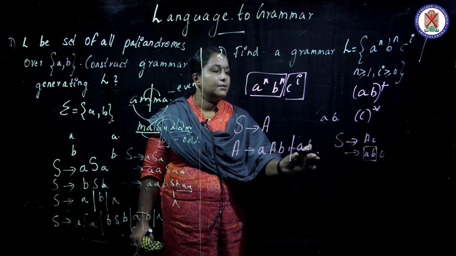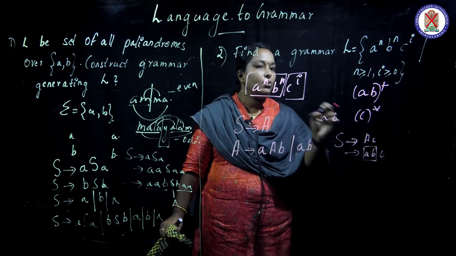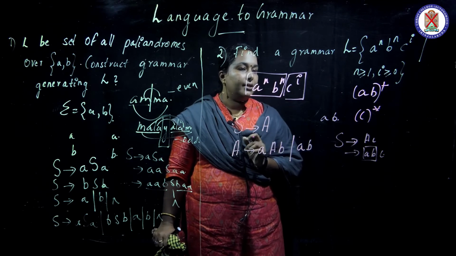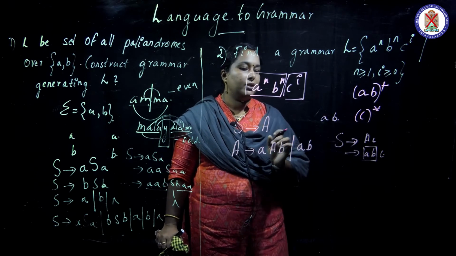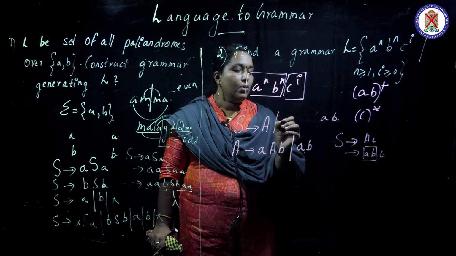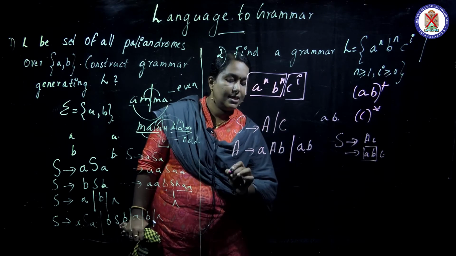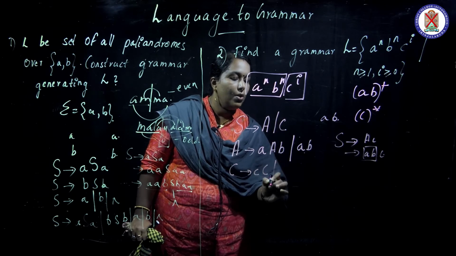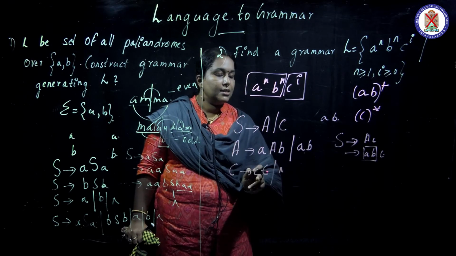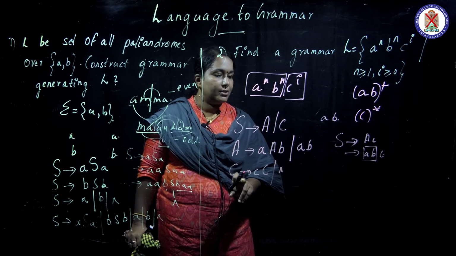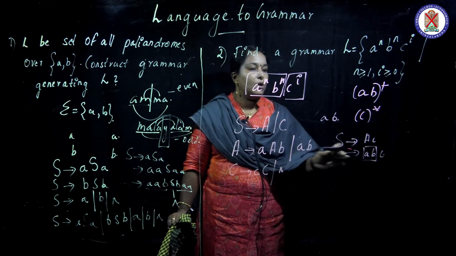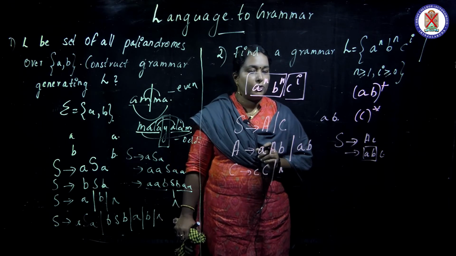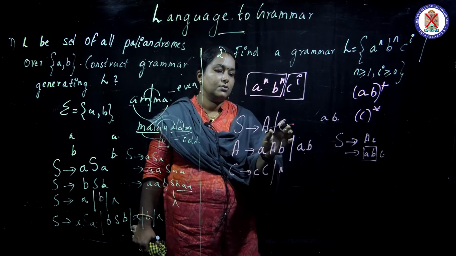S gives A, C, this is correct, but 0 occurrences is also possible here. So C gives c C or null. C can occur any number of times and it can also be null, that is it can occur or not, there is no problem. So this is also correct.